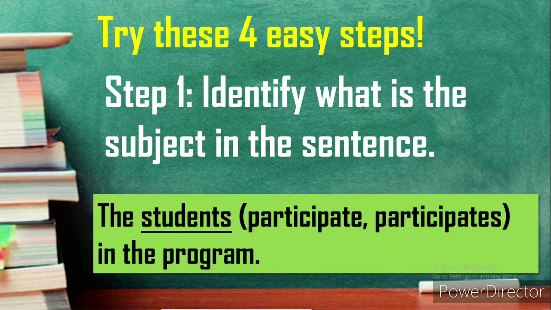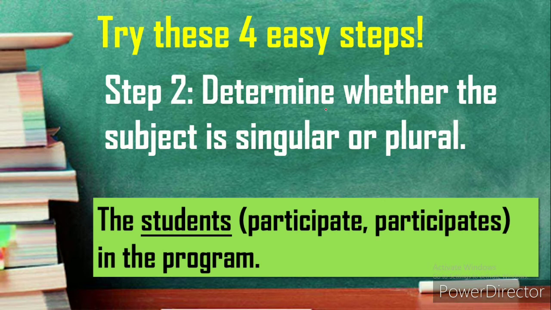So we have here students. Step 2. Determine whether the subject is singular or plural. So once again, we have here the noun students as our subject. Since the word students could mean that there are 2 or more people involved, this is a plural subject.